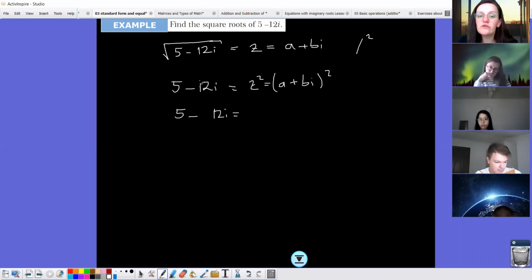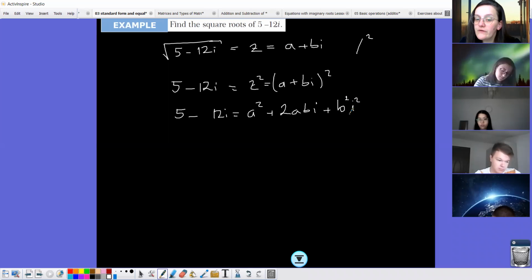When I take the square of both sides, 5 minus 12i is equal to z squared, which is (a plus bi) squared. Now, what is (a plus bi) squared? A squared plus 2abi plus (bi) squared, or b squared i squared.